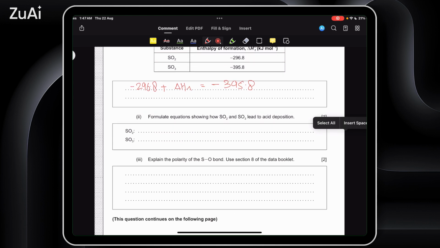So for the reaction, sulfur trioxide leads to acid decomposition. Okay, so it forms sulfuric acid.